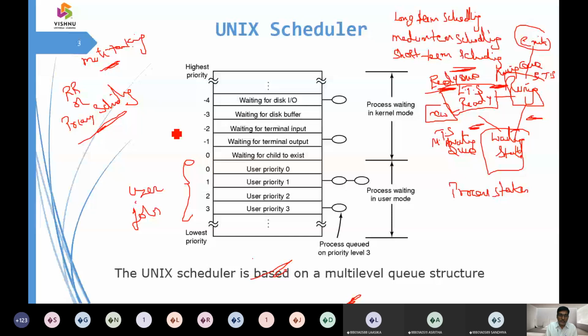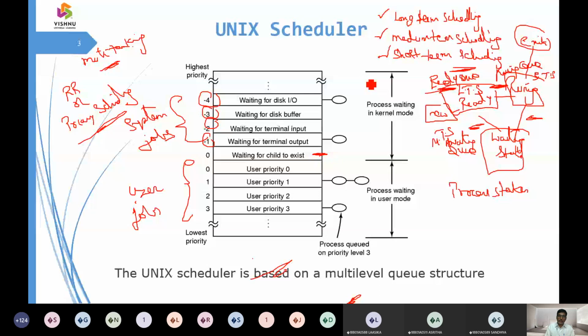And system jobs are going to have the priority -4, -3, -2, and -1. And here we are going to see creation of a thread and so on, from parent process to child process. Then we are going to assume the user priorities. So priority scheduling is going to happen. The priority scheduling is initiated by long-term scheduling, medium-term scheduling, or short-term scheduling. That is what we talked about in the earlier class itself.